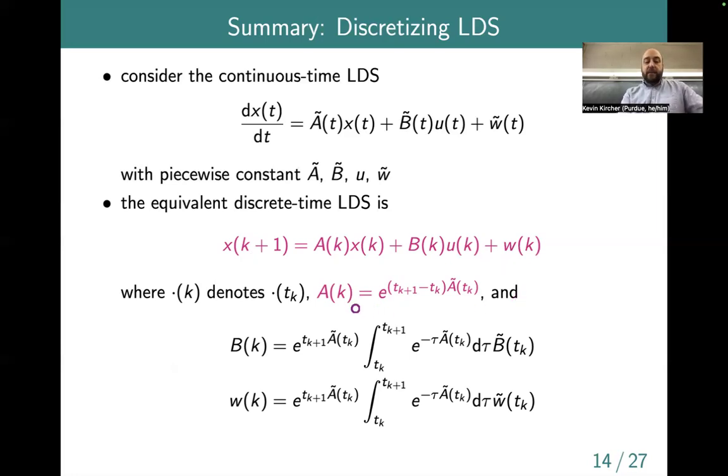And then we have formulas for what the matrices A and B and the exogenous input or disturbance W look like. The A formula is clean, so we can do matrix exponential in MATLAB or Python, so we can just evaluate this given an A tilde. But these things still have annoying integrals in them, so we're not quite at the final formula that we want for the B and the W.